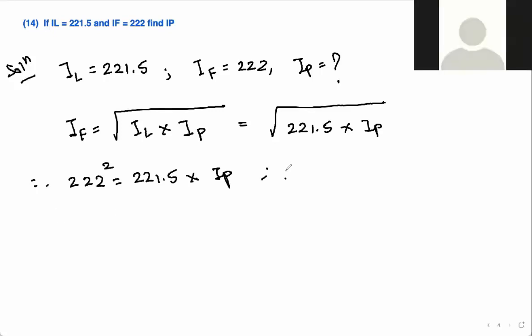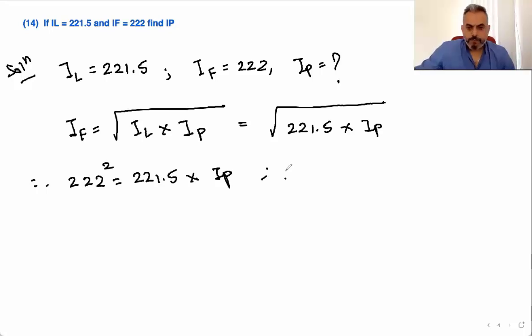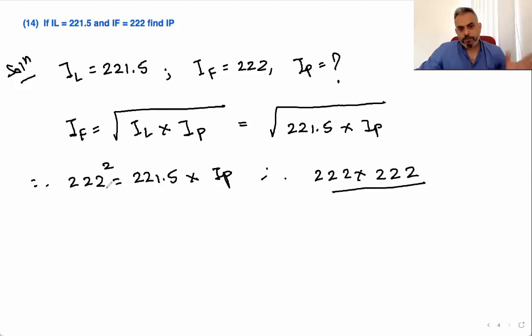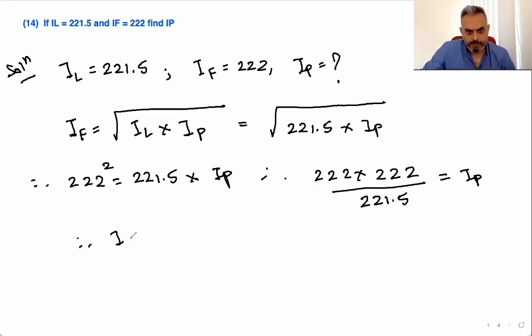So therefore, 222 square is equal to 221.5 into IP. Therefore, IP is equal to 222.50. Answer.